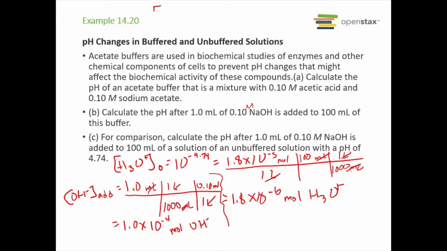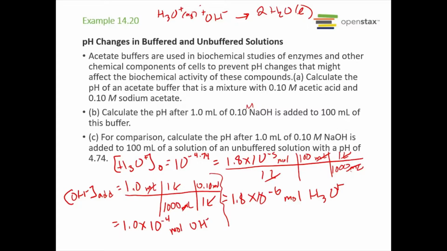And the reaction that happens here is H3O plus plus OH minus makes 2 H2O liquid. So you can see that there's a one-to-one stoichiometry between hydronium and hydroxide. So we have excess hydroxide.